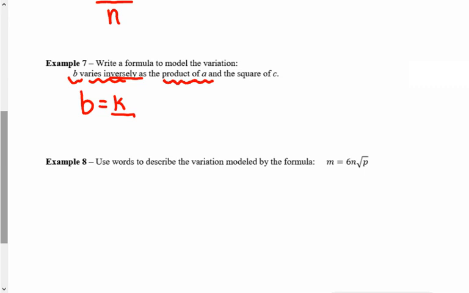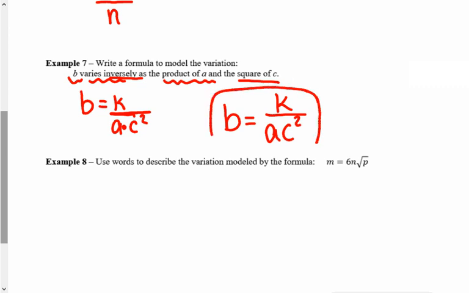The product, that tells me I'm multiplying two things together, of A and the square of C. So I have B equals K over A times C squared. You could also not put the multiplication dot in the middle, but realize that the A is not squared and the C is. Okay, so that's just writing the model.